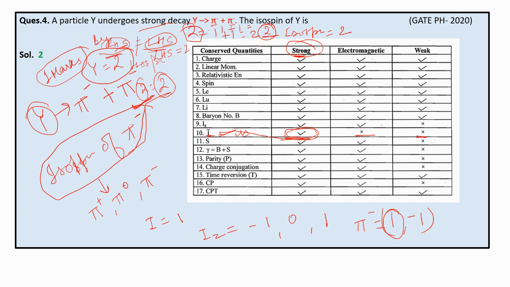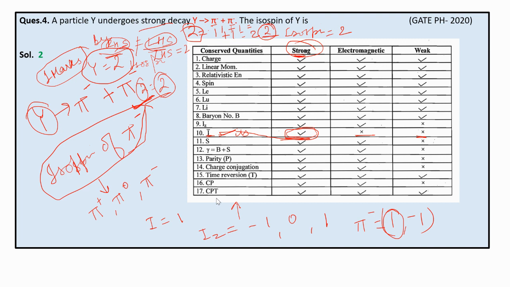It will depend on other quantities also. So this table is also very important. From the exam point of view, this table is very important because in nuclear and particle physics, they will give you so many processes, so many reactions, like these particles are combining and giving two other particles. Will this reaction proceed by strong interaction? Will this reaction proceed by weak interaction?